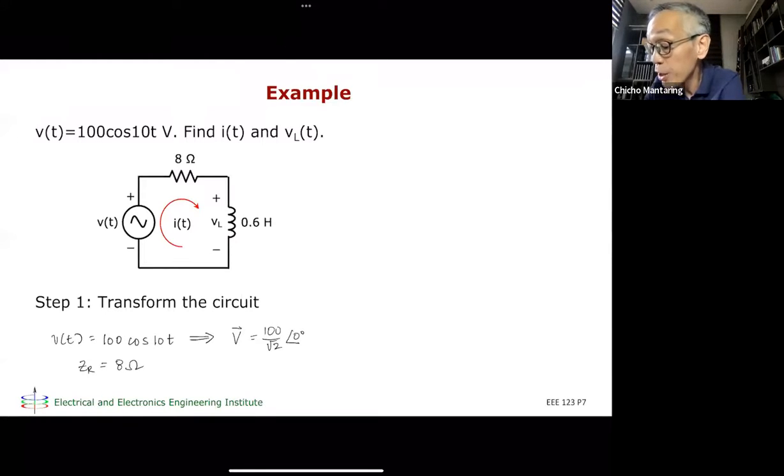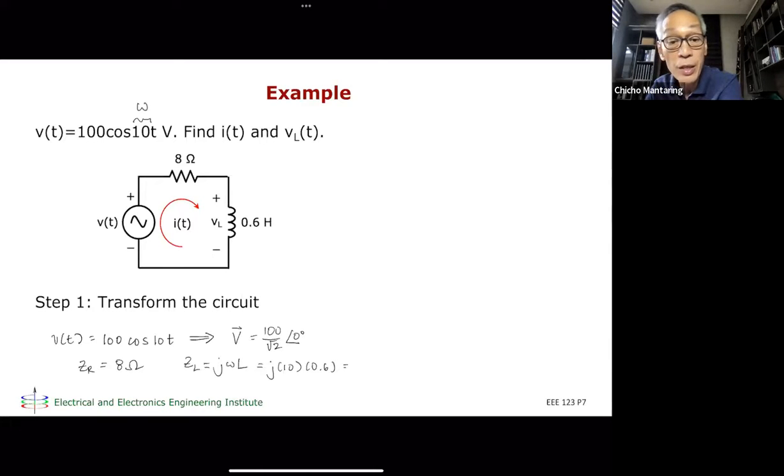Now what about Z's of L? Z's of L is equal to J omega L. Now, what is J? Well, J is the square root of -1. What is omega? Ang omega natin is equal to 10. So omega is equal to 10, and then L is 0.6.